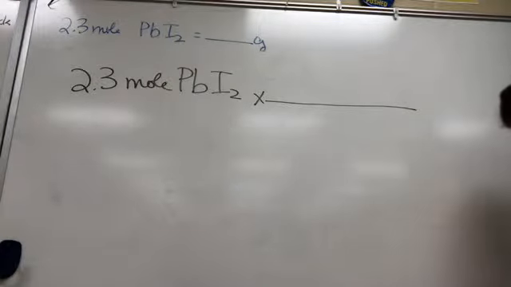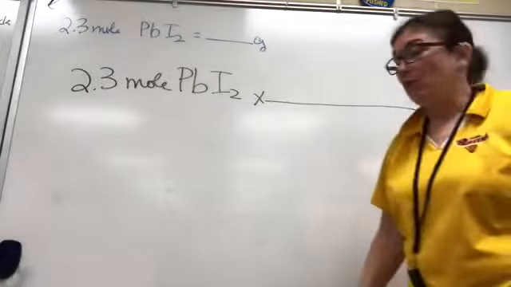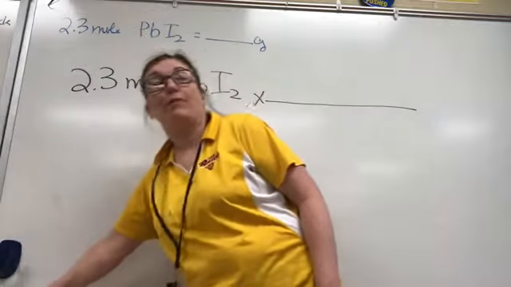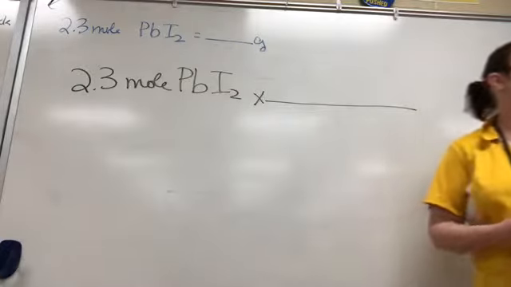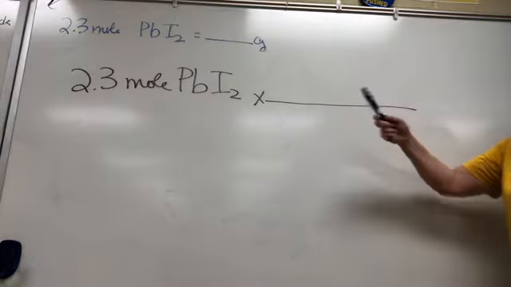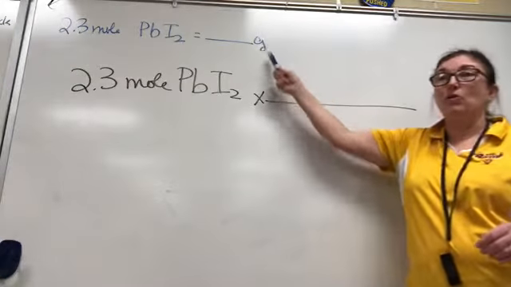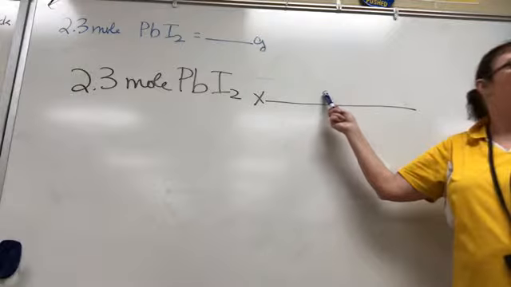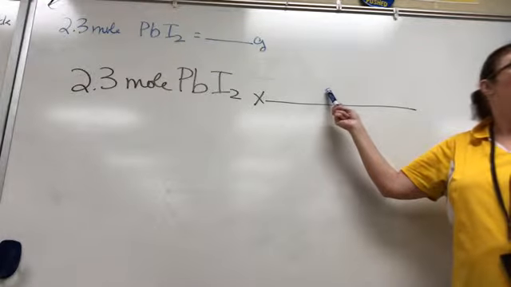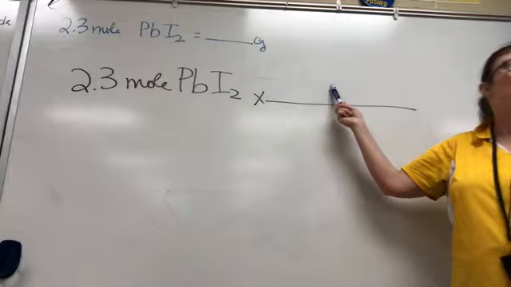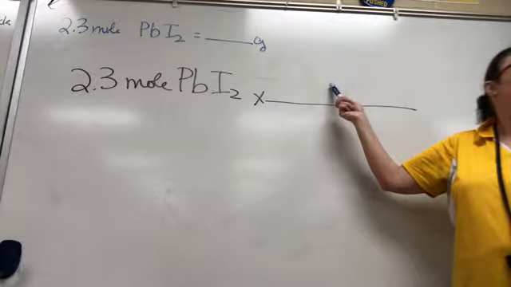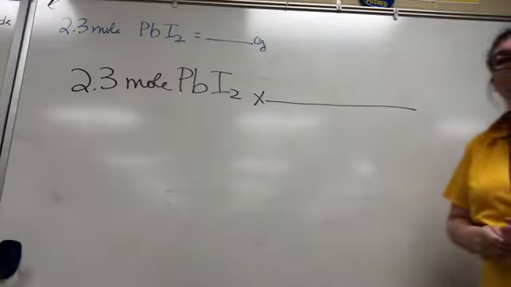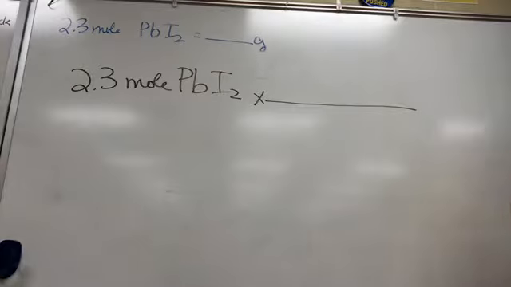As I keep telling you, I know what's coming, and you will be very confused if you do not write this stuff out. Okay? So if I'm heading towards mass, grams, what's going to go on top up here? The molar mass. The molar mass of what? PbI2. So find the molar mass of PbI2 for me, would you please?